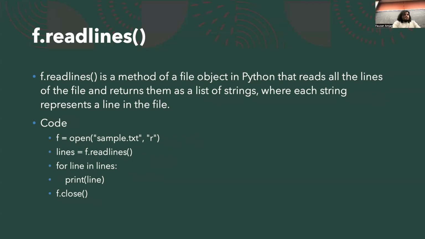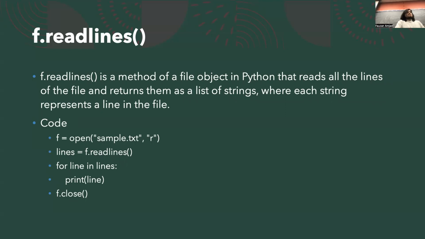What it does is it formats the string that you're storing the contents of the file in. So readlines is a method of a file object in Python that reads all the lines of a file and returns them as a list of strings, where each string represents a line in the file. So rather than having an entire string with everything in it, which wouldn't be practical, it's creating a list of strings, and each element within that list is a line.